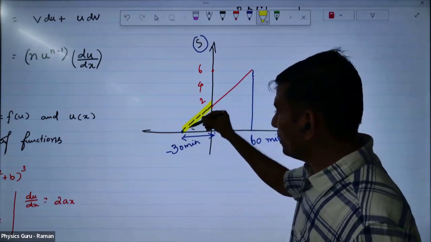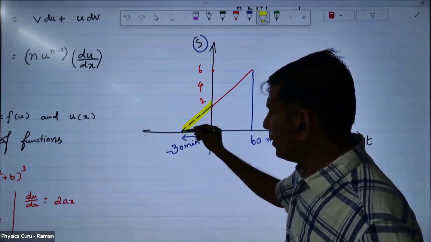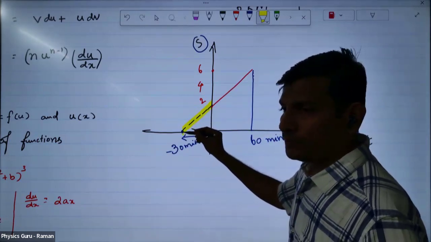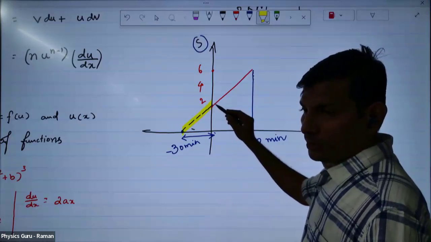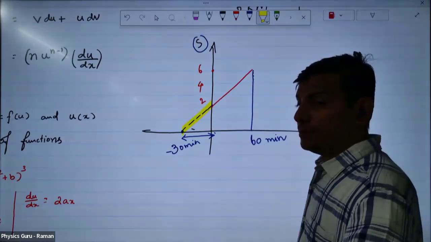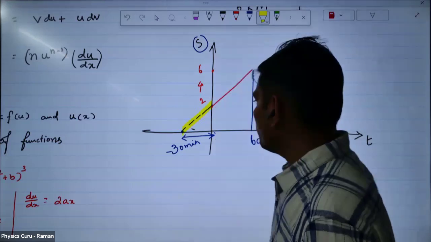If you continue to grow the line like this from your point of observation, it is going to intercept the x-axis at this point. Got it? Yes, sir.